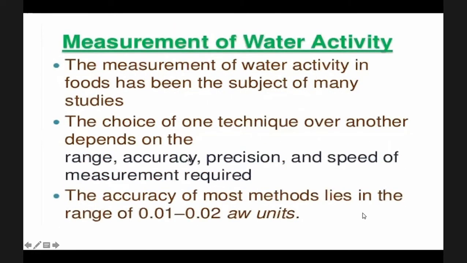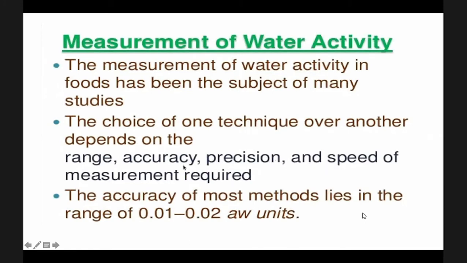Now, how do you measure water activity? Okay. So here, at the rapid test, we no longer use the conventional method because it's costly and also time consuming, and later you will see the machine. So the choice of one technique over another depends on the range, accuracy, precision, and the speed of measurement required.